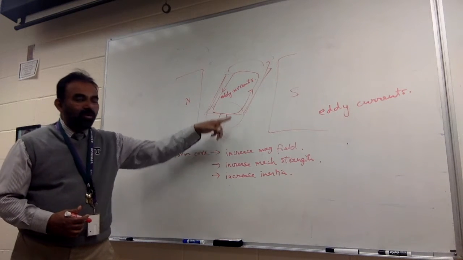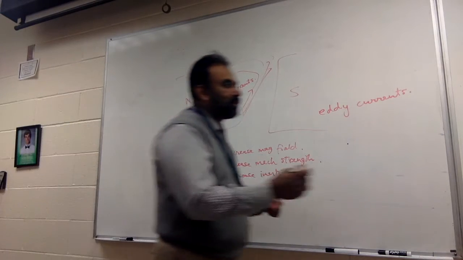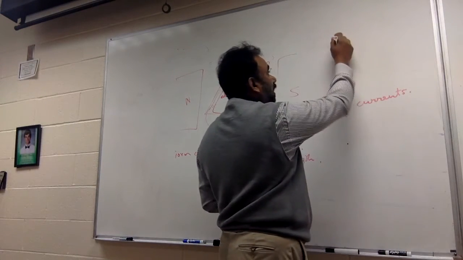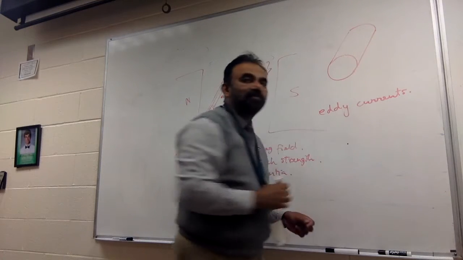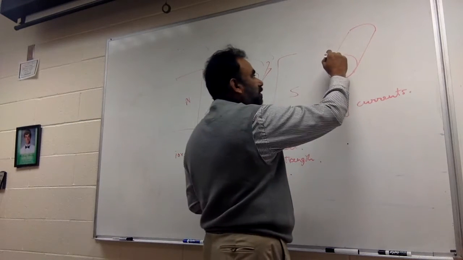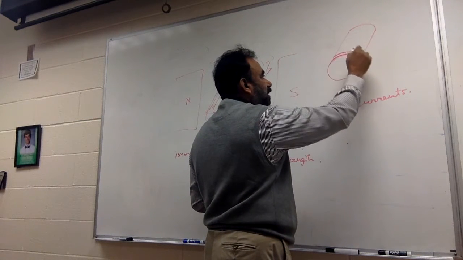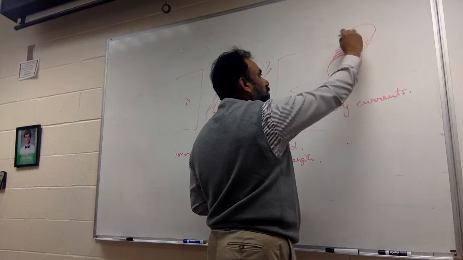So this iron core is not one solid core. What they do is this: they chop it off and make it multiple sheets put together.